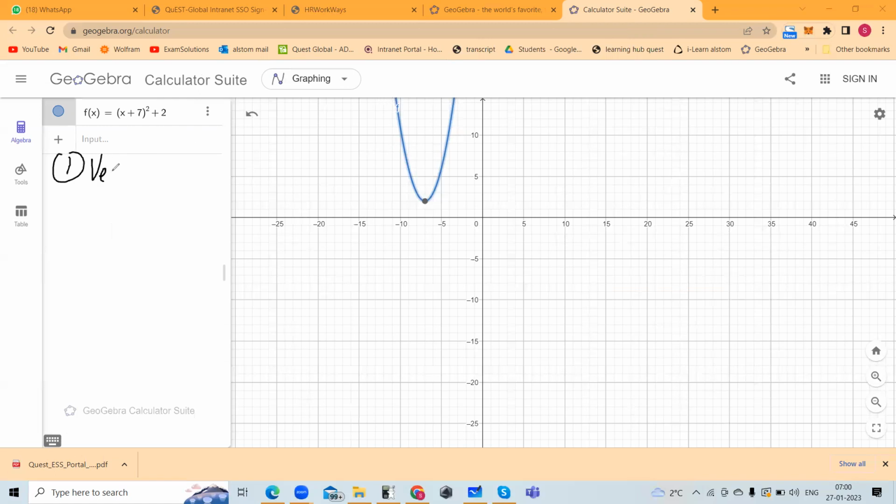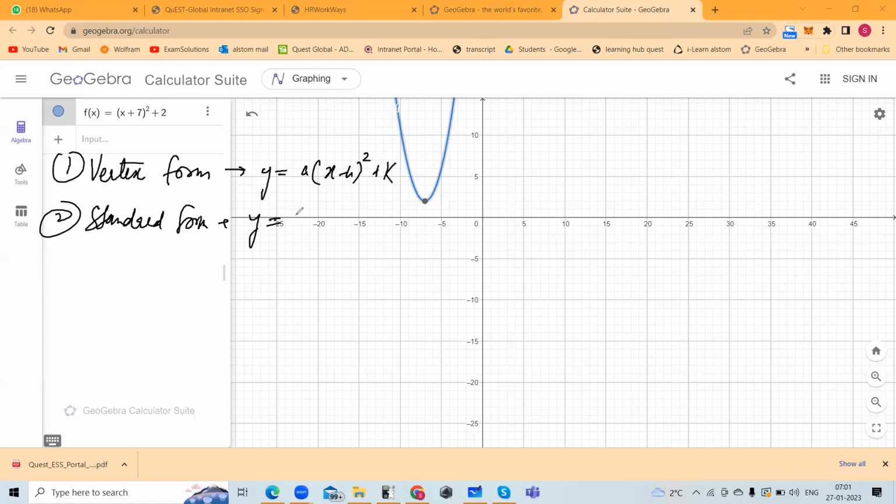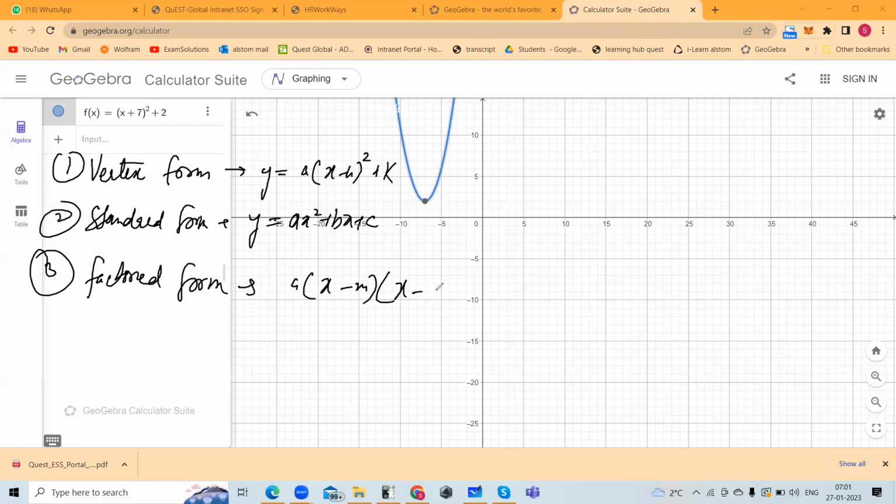One I told you, vertex form, which is y equals a times x minus h whole squared plus k, and the second thing I told you, standard form, which is y equals ax squared plus bx plus c, and the third is factored form, which is simply a times x minus some x-intercept m, and x minus some other x-intercept n.